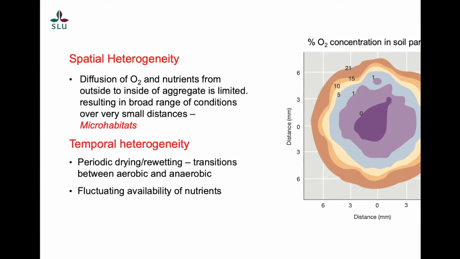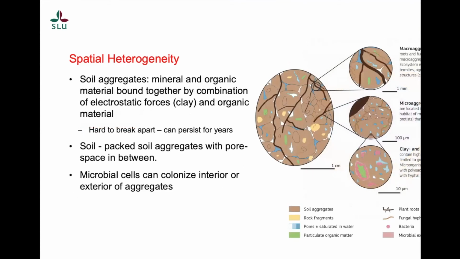But then it starts to dry up. Maybe the nutrients become less available now. Let me just go back up a little bit. You can see here, you might have water in some places, and maybe there you'll have a lot of dissolved nutrients, but here you won't. If you're a fungus, it's not such a big deal because you can span across all that. But if you're a bacteria, it might not be that good.